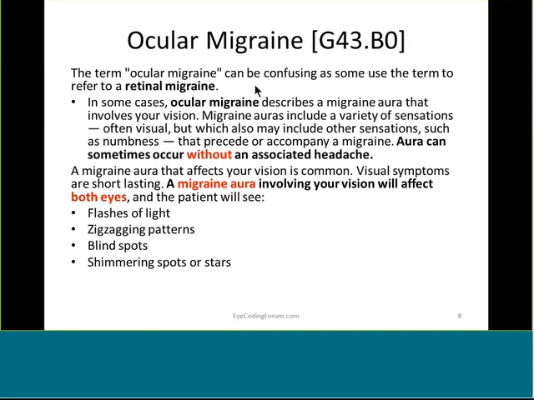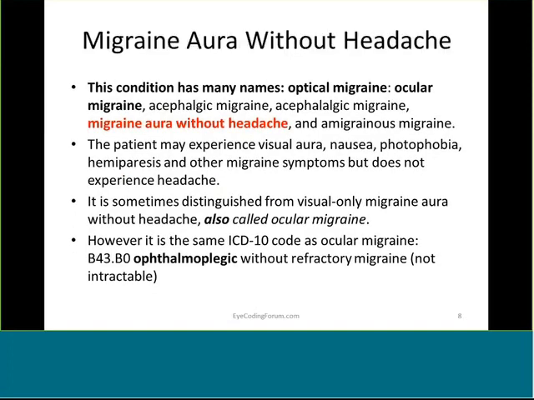So these are often called migraine auras without headaches. Now, the visual symptoms are short-lasting, and a migraine aura involving your vision will affect both eyes, and the patient will sometimes see flashes of light, zigzagging patterns, blind spots or shimmering spots or stars. So these are the aura symptoms for an ocular migraine.